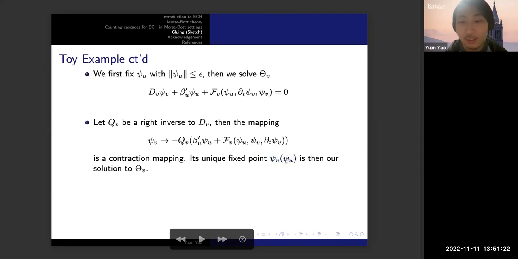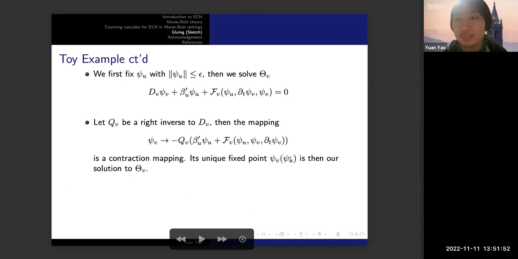This fixed point depends on psi of u, because I fixed psi of u to view this as a contraction mapping. So the solution I get out of the contraction mapping principle is going to depend on psi of u. Does everyone follow thus far? Kind of.